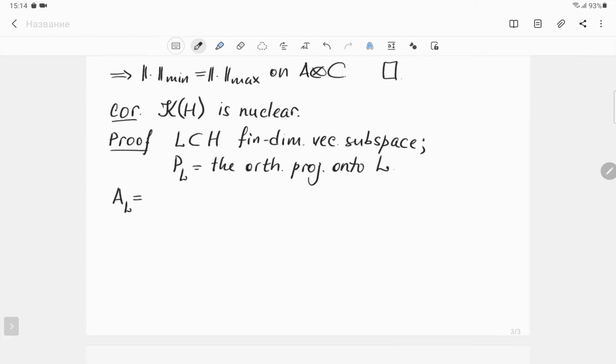This subalgebra consists of all operators of the following form: PL T PL, where T runs over K(H).